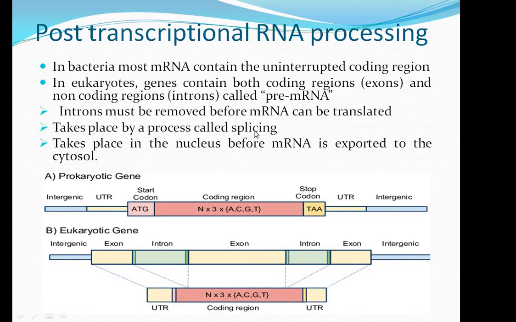Splicing is the removal of non-coding introns and the splicing together of all the coding exons to create an intact mRNA that has a complete coding region needed to be made into a protein. So splicing is the third event that happens in pre-mRNA to mRNA, and it takes place in the nucleus.